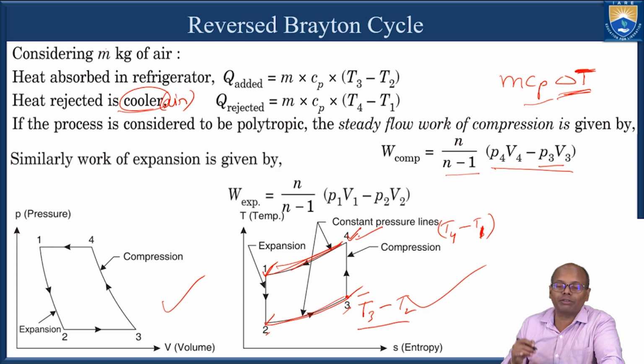At the inlet of the compressor, the pressure will be very low. At the outlet of the compressor, the pressure will be very high. The resultant work formula is n by n minus 1 into P4 V4 minus P3 V3.